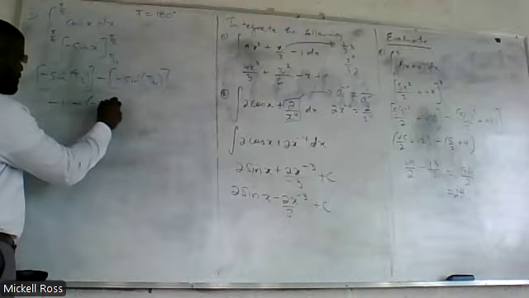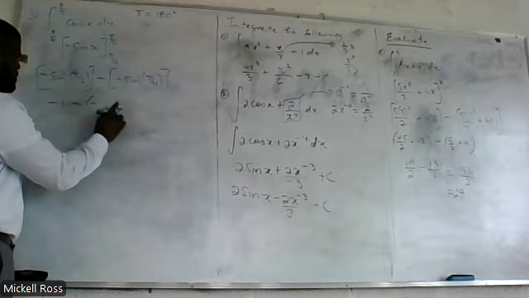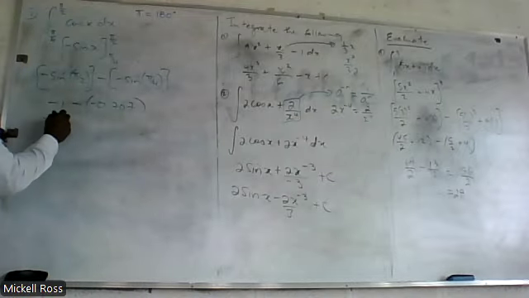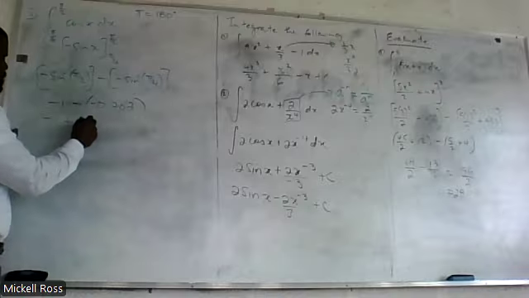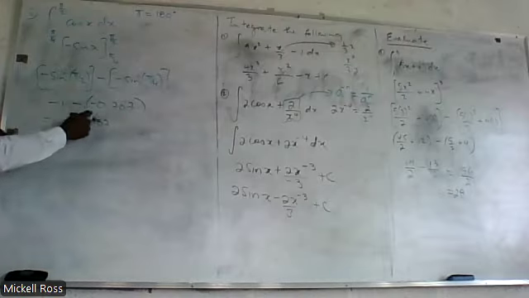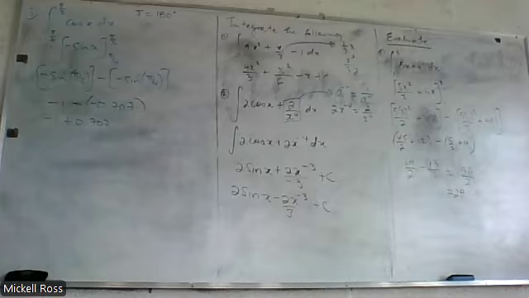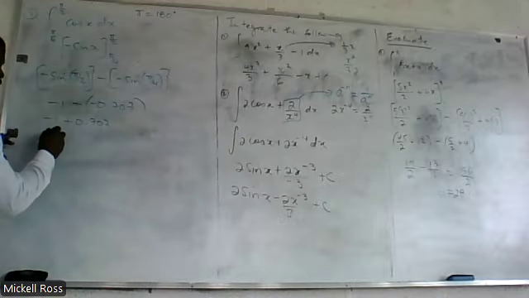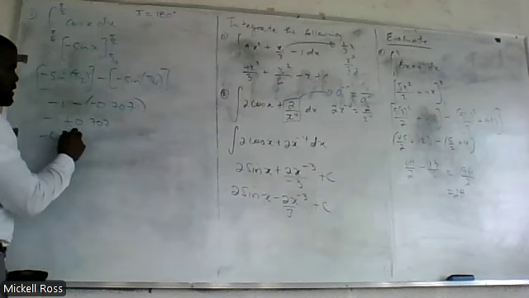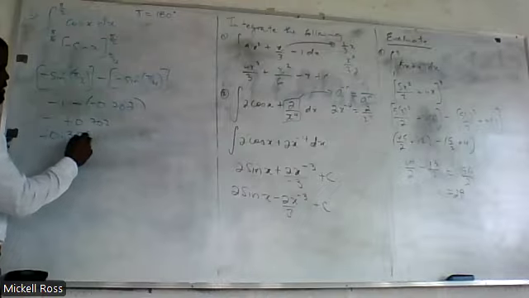That's what you get? So this is going to be negative 1 plus 0.707, because it's negative times the negative, so it gives us a positive. Negative 1 plus 0.707 is going to give us negative 0.293. Get that answer?